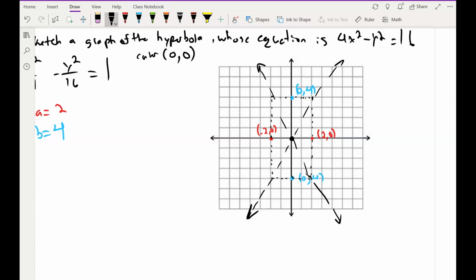This is what our sketch is going to look like. Our vertex is going to exist on that a distance, so here's our vertex. It goes through these 2 points, and we're basically bound by this box and these asymptotes. So our hyperbola is going to look like this.